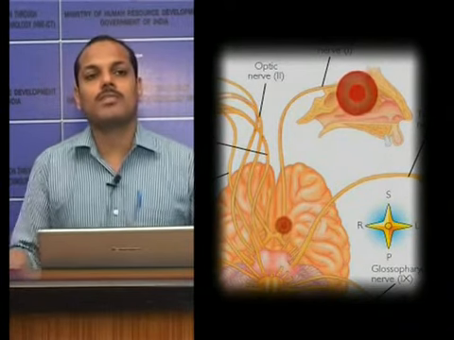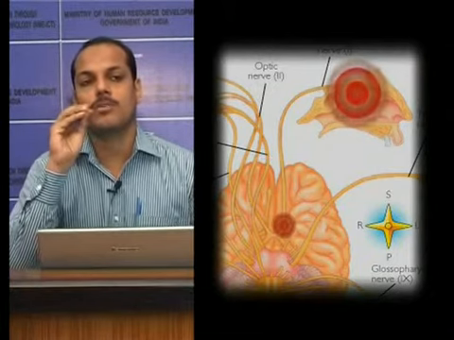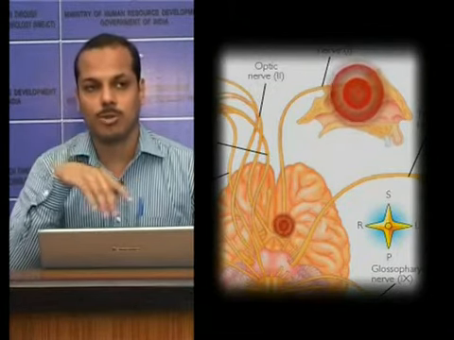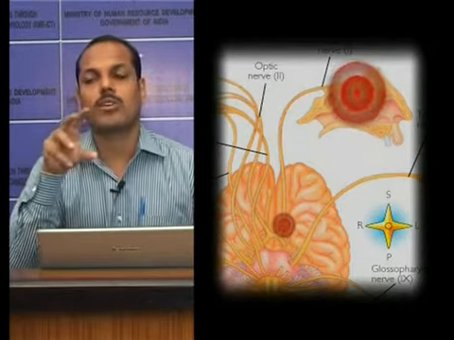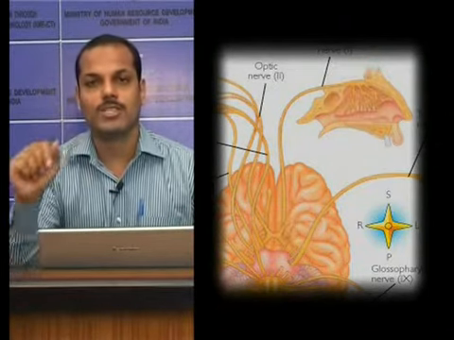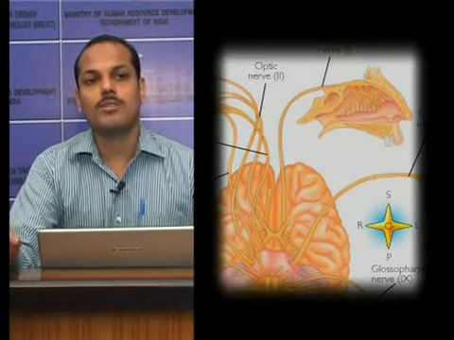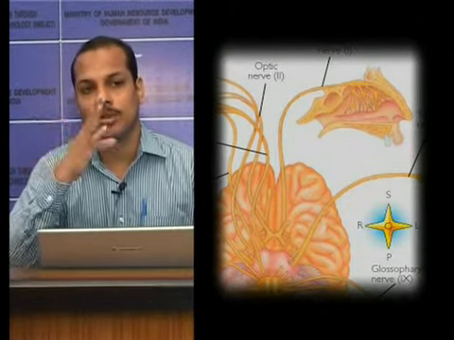Its peripheral processes act as receptors in the nasal mucosa, and the receptors are located in the roof and upper part of the nasal cavity. The central processes return information to the brain.